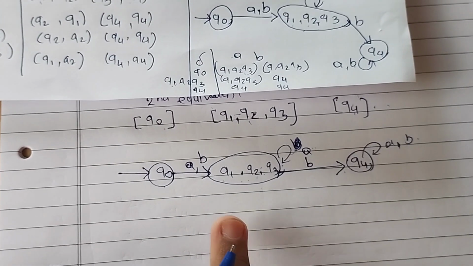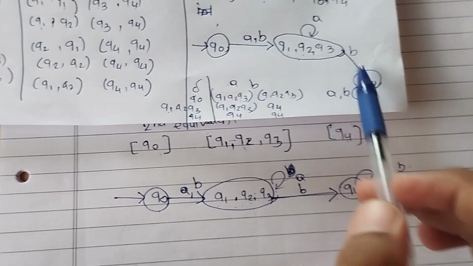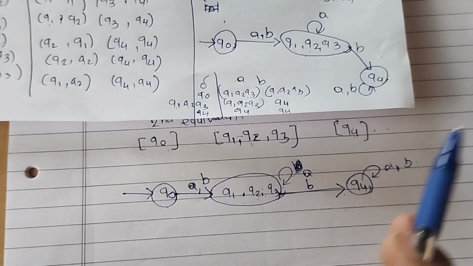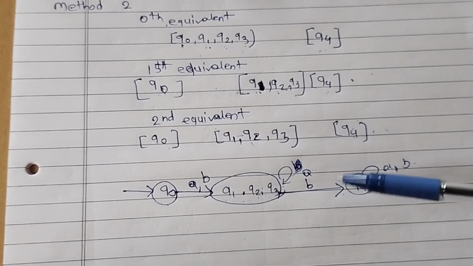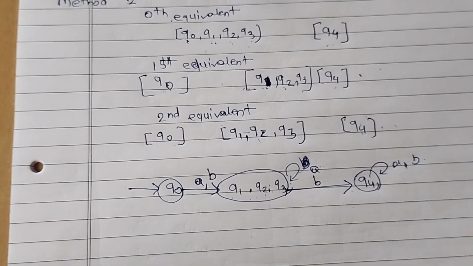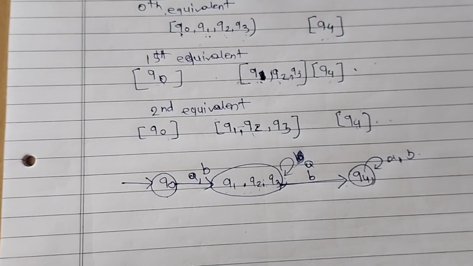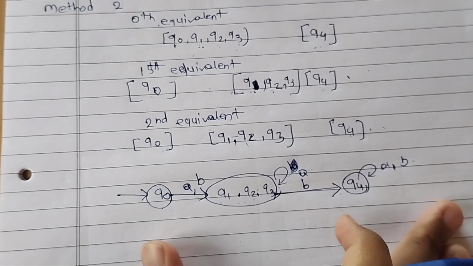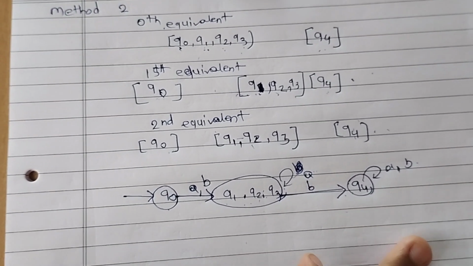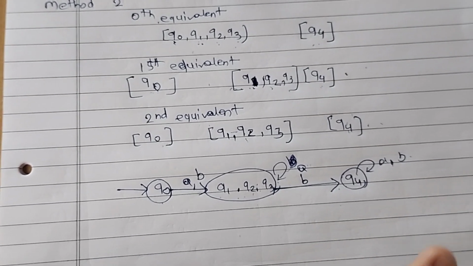Same we draw the transitions here, q0, this pair, and q4. So from these 4 lines of the solution we draw these transitions, and previously we covered a whole page, and then we got this DFA.